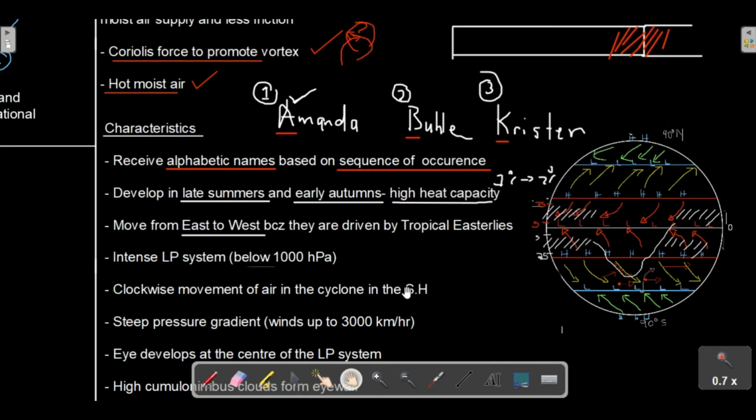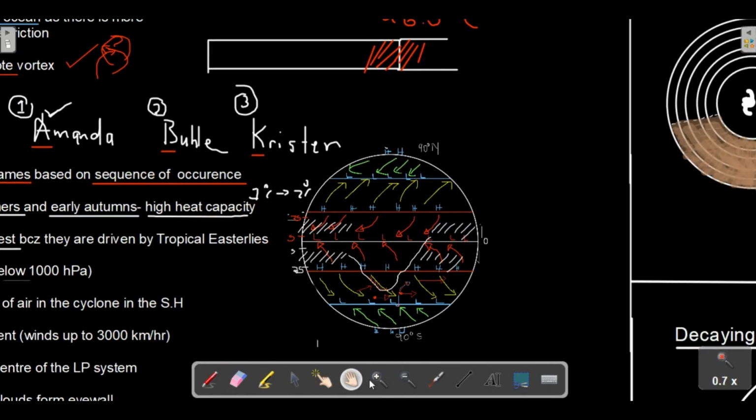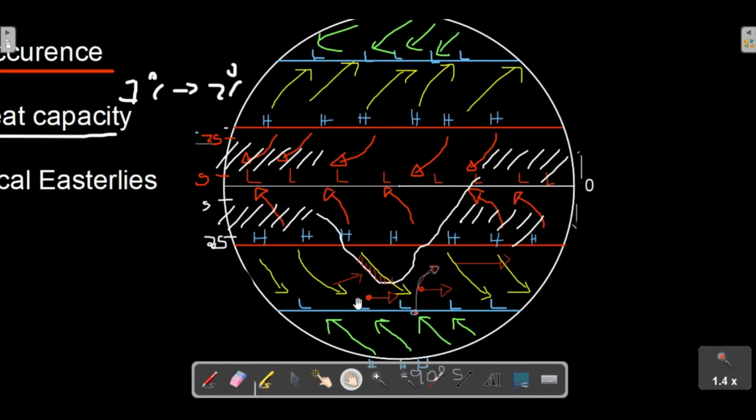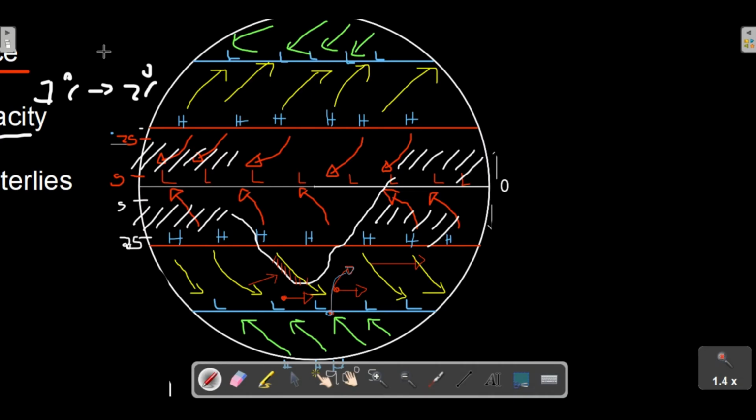And the answer again lies in the major winds. Remember we said that mid-latitude cyclones move from west to east because, during their mature stage, they move into this region and they get pushed.